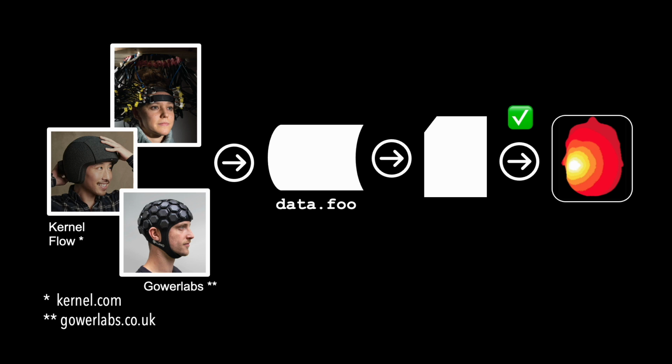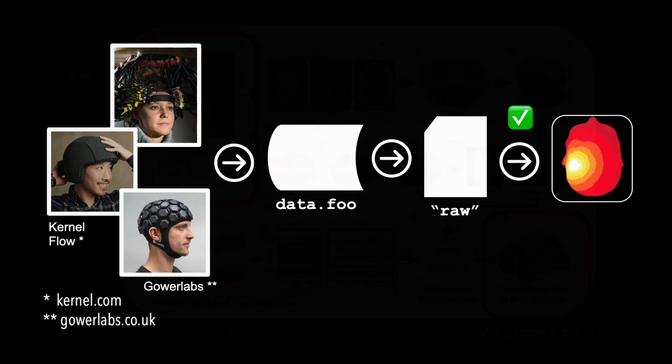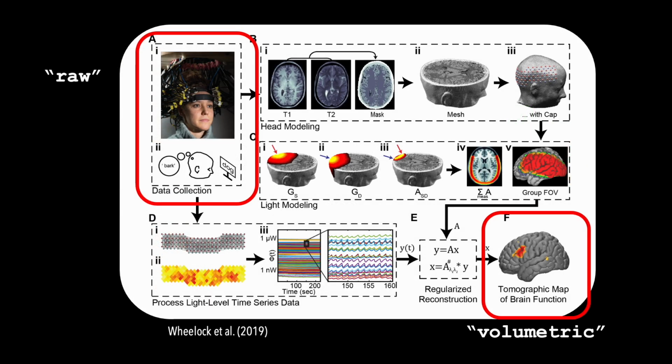NeuroDOT documentation refers to such files as raw data because they contain sets of light intensity measurements. The designation differentiates this data from volumetric or surface data that is used elsewhere in neuroimaging such as NIFTI and GIFTI. Raw data appears at the start of a NeuroDOT processing pipeline. Volumetric data appears at the end.